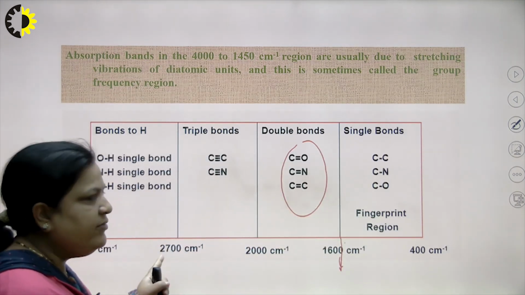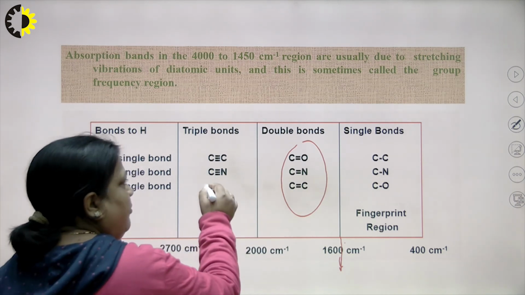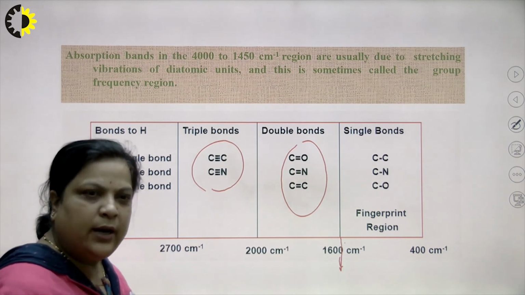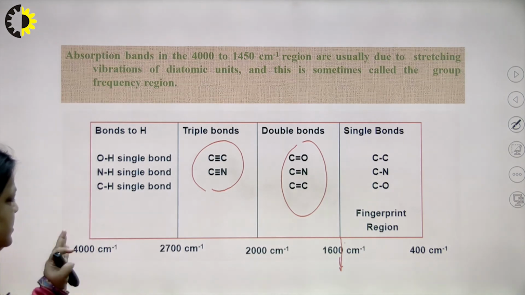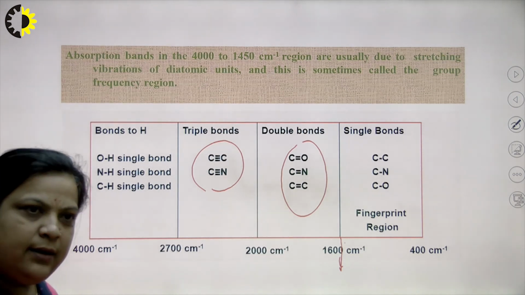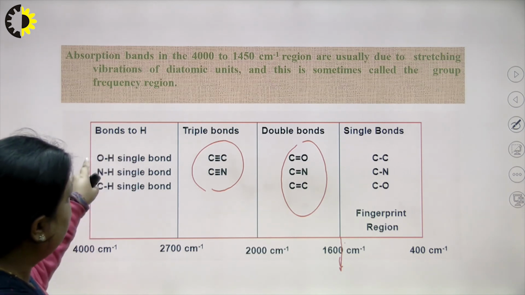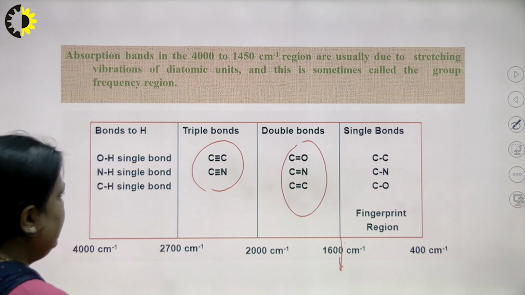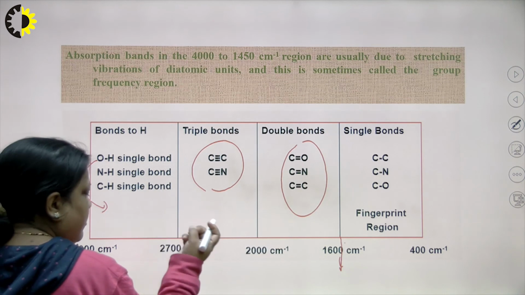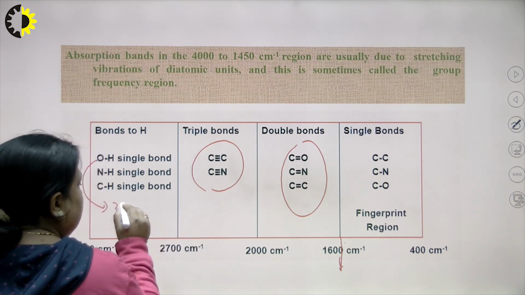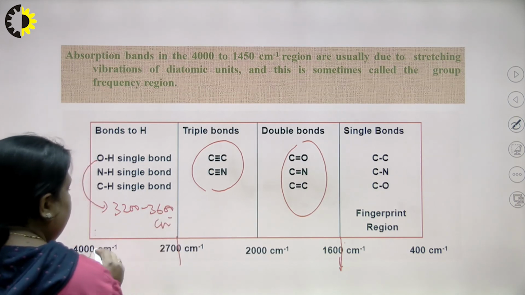And 2000 to 2700, in this range the absorption occurs mainly due to triple bonds, and above this, that is 3400, 3600, it is basically due to bonds to hydrogen, or we can say single bonds, which are OH, NH or CH. That is why, due to OH, the IR frequency is observed at 3200 to 3600 centimeter inverse, which lies in the functional group range.